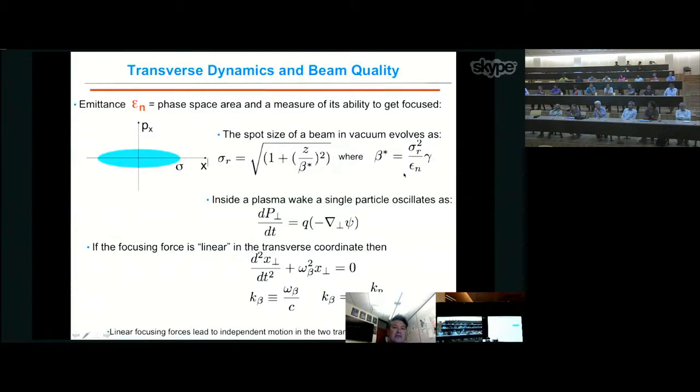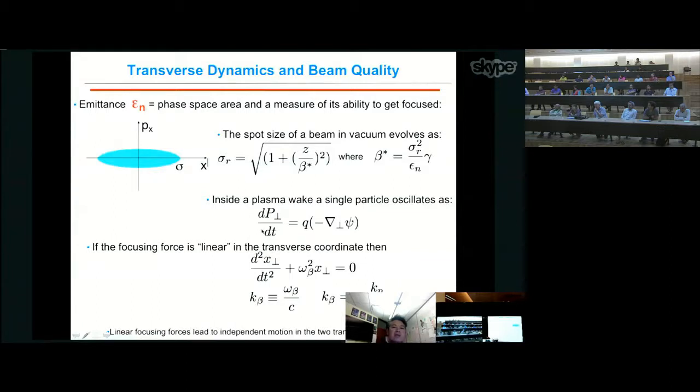All right. So the particle beam inside the plasma is trying to expand due to its actual diffraction, but inside the plasma, the single particle oscillates according to this wake function.